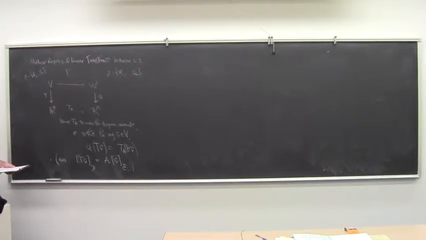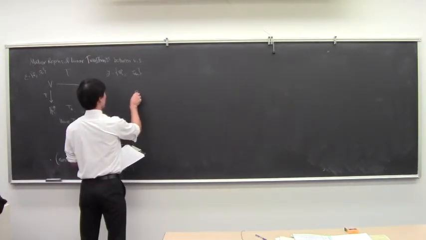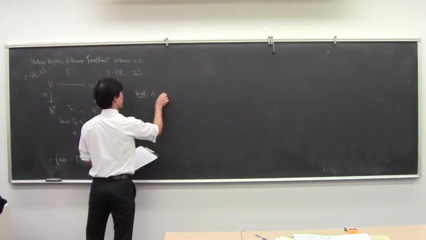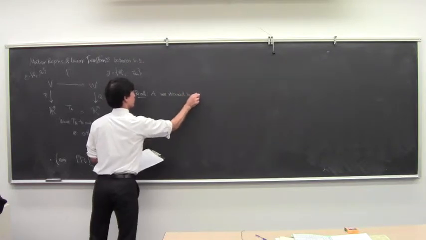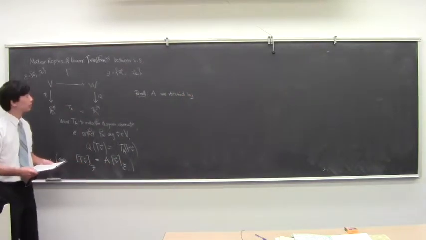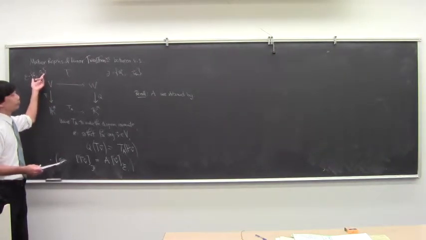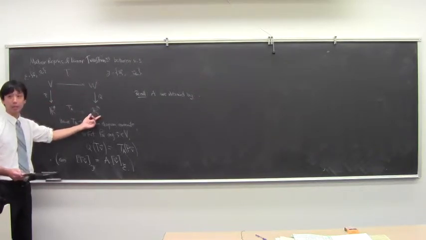And remember, A was obtained by doing what? Do you remember? You take the basis vectors from E, run them through T, bring them down to here, and use those as the columns of your A matrix.